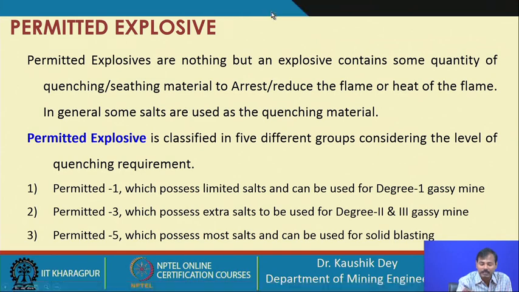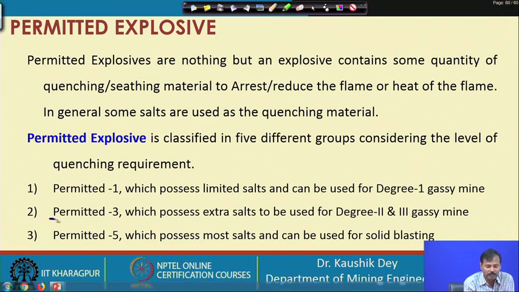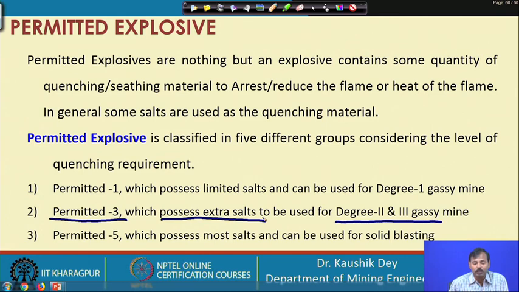Second one is the permitted 3, which can be used for degree 2, degree 3 gassy mines, where the release of methane is more, that is why the possibility of having an explosive environment is high, and in that case extra precautions should be taken, so that flame or heat cannot arise there. That is why extra quenching and sheathing material should be used.